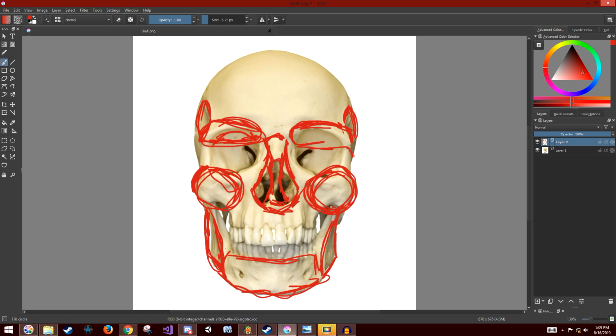Also, this area below the teeth, notice that there is a gap. This is important because depending on the character that you draw, and some characters this will be more defined than others, this gap in the jaw right here that I'm outlining, if a character has a fatter face, then it's not going to make much difference in that region.